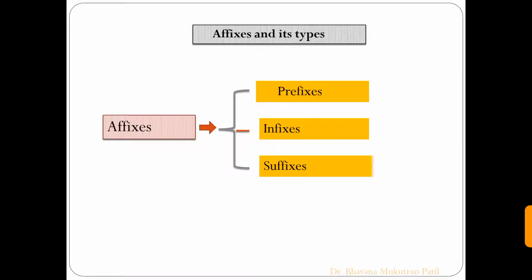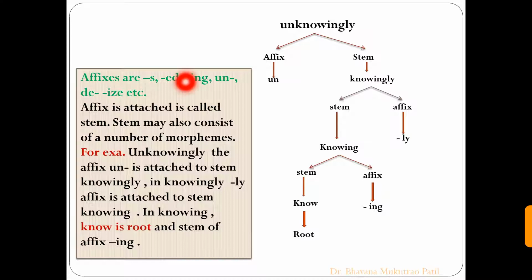Now affixes have three types: prefixes, infixes and suffixes. These affixes are in this form, which means they are bound. Ed, ing, participle, on, d, these are affixes.